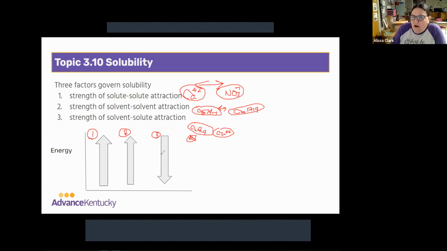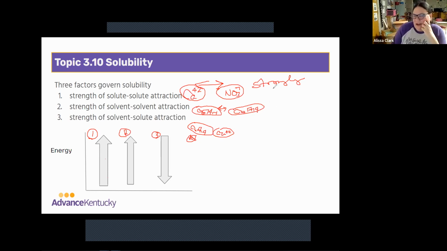And I've drawn all three of these arrows size-wise as if they're equivalent, but they're not. The calcium nitrate ions are strongly attracted together. The solvent, well, that's London dispersion forces, but that's a pretty big molecule. It's not ridiculously large, so there'll be somewhat significant London dispersion forces.